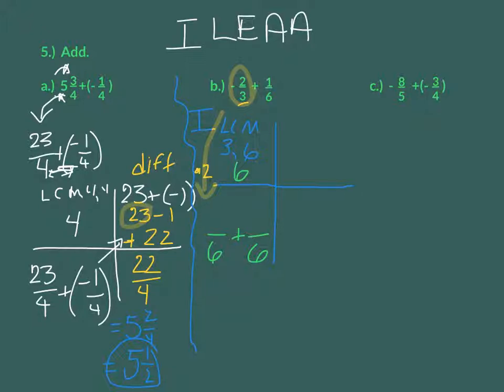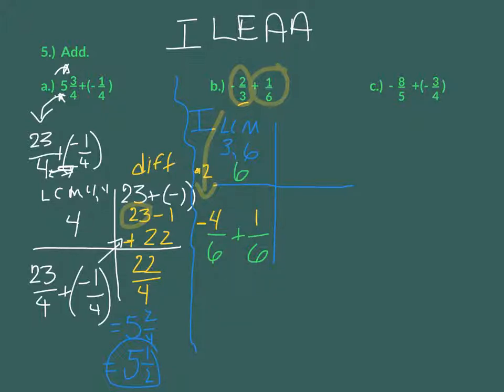So I multiply the top number by 2, which is 2 times 2 is 4, and I can forget that negative sign. Plus 1/6 already has a 6 as its denominator, so I'm just going to bring that down directly as it is.